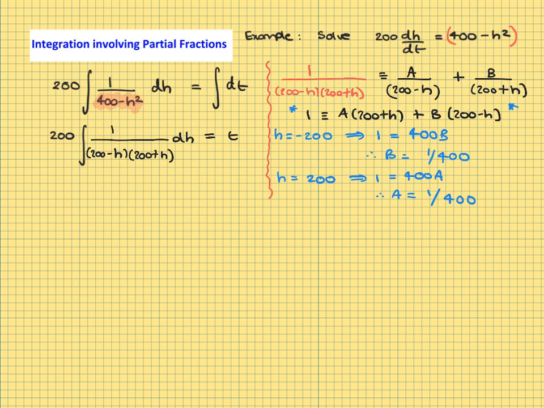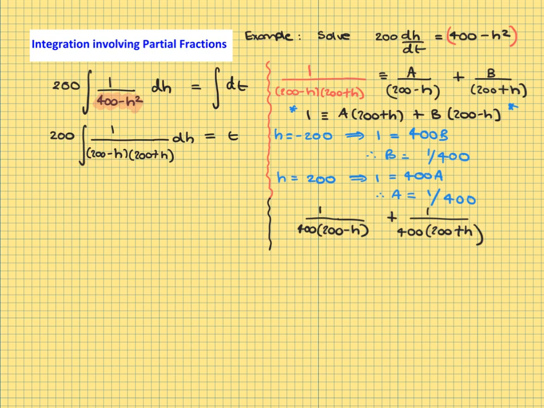So this then tells me that my partial fraction decomposition is 1 over 400, 200 minus h, plus 1 over 400, 200 plus h, subbing in my values of a and b.